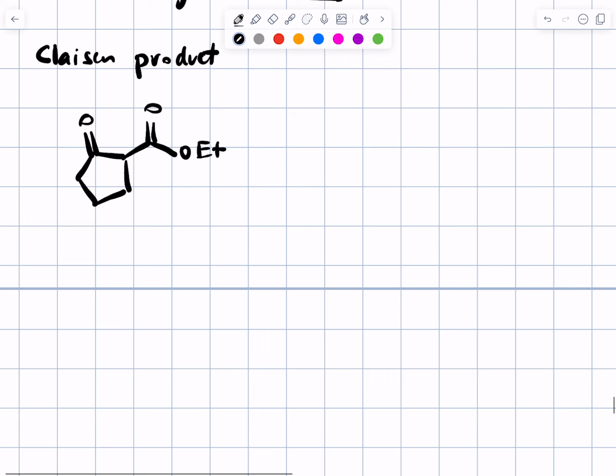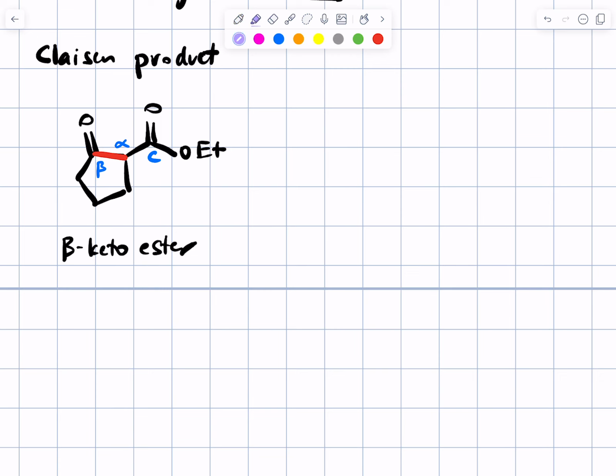You can recognize that as a Claisen product because it is a beta keto ester. So identify the carbonyl carbon, the alpha carbon, and the beta carbon. The bond between alpha and beta carbons is the one that you made in the Claisen reaction.